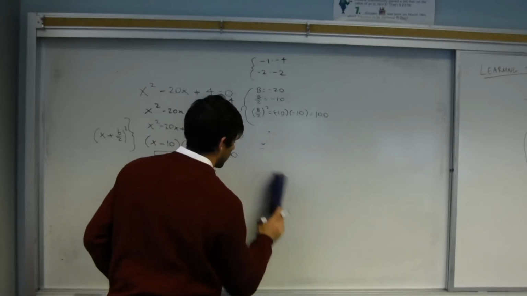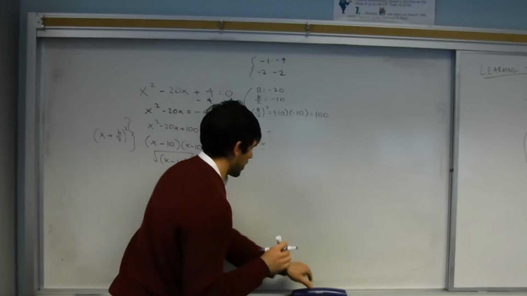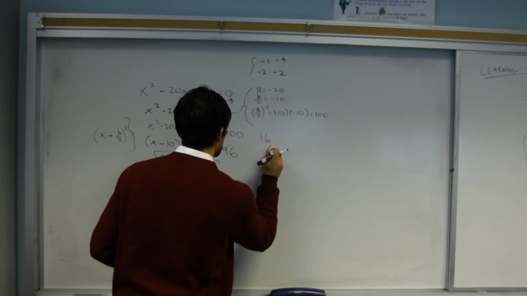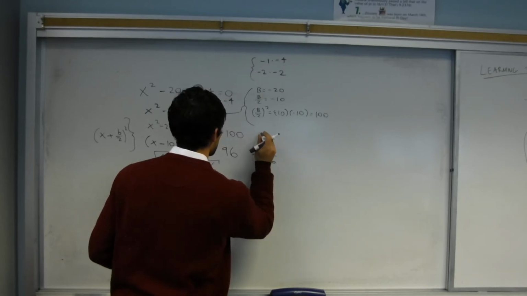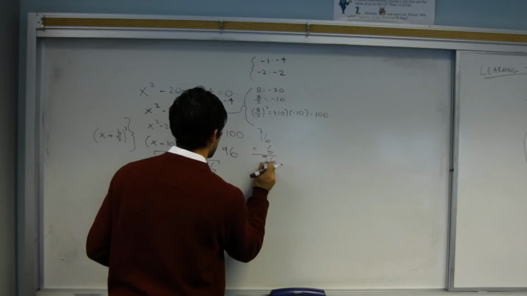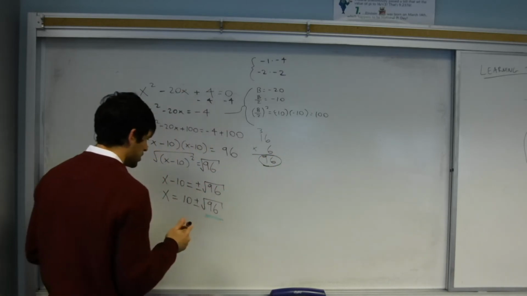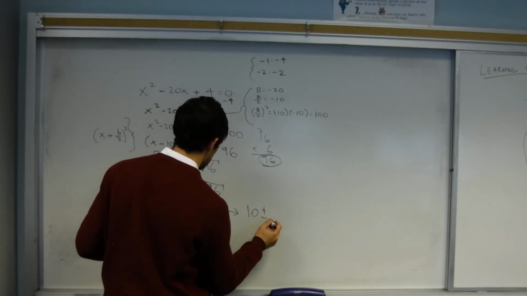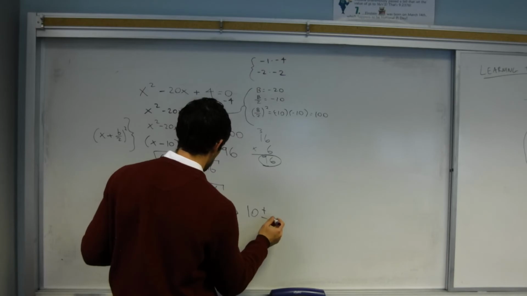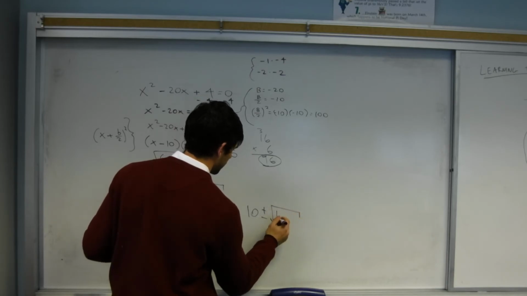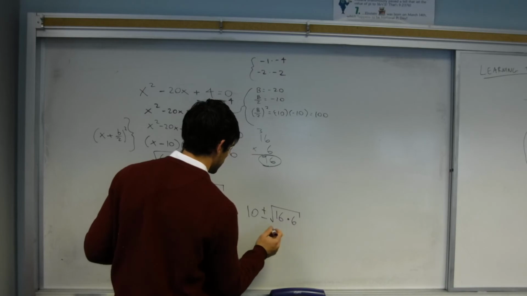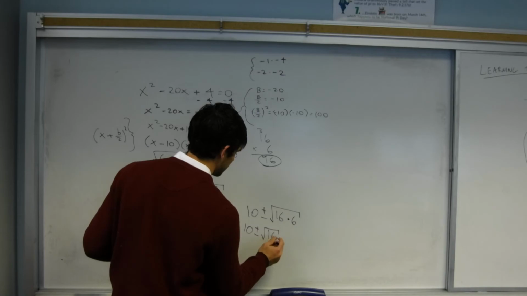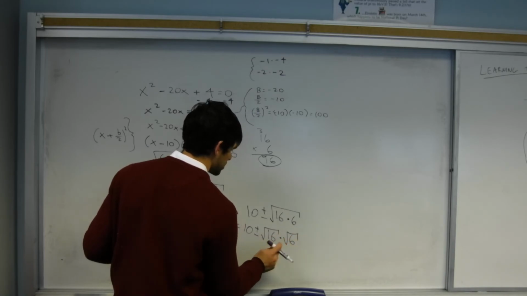I'm going to use a different color. You notice that 16 times 6 is equal to 96. So that means that we can write this as 10 plus or minus the square root of 16 times 6, which is equal to 10 plus or minus the square root of 16 times the square root of 6.